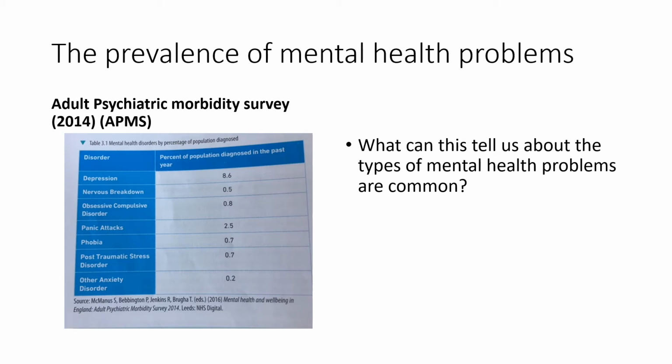But again, it's very, very rare. What we need to take from this is that there's something about those two illnesses that are really high, depression and panic attacks. And we need to think about why they might be bigger than all of the rest in 2014. And if we looked at more recent results, we'd probably find that they were still really high compared to the other mental illnesses.